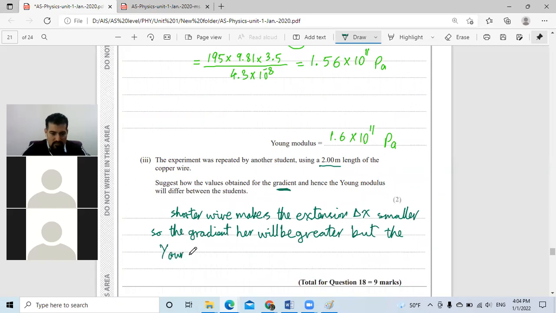The Young modulus remains the same. Exactly.